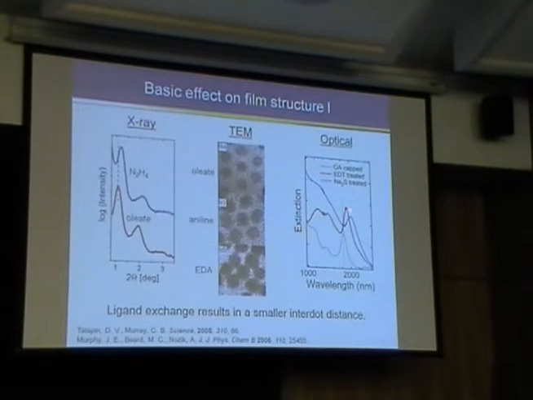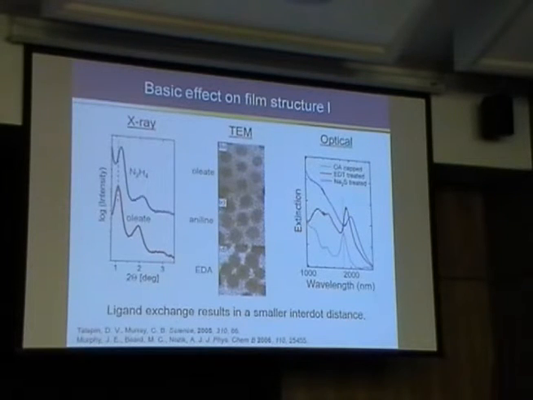And what we see here is a redshift just going from the as-made to the EDT-treated material. This redshift has several different origins, but one of them is the increased coupling between the quantum dots. The other origins include things like dielectric constant change. The dielectric constant increases when we cause the dots to move closer together. The other thing that can happen is that you can see, for example, in the blue curve, the sodium sulfide treated material has a significantly broader peak shape in this case.